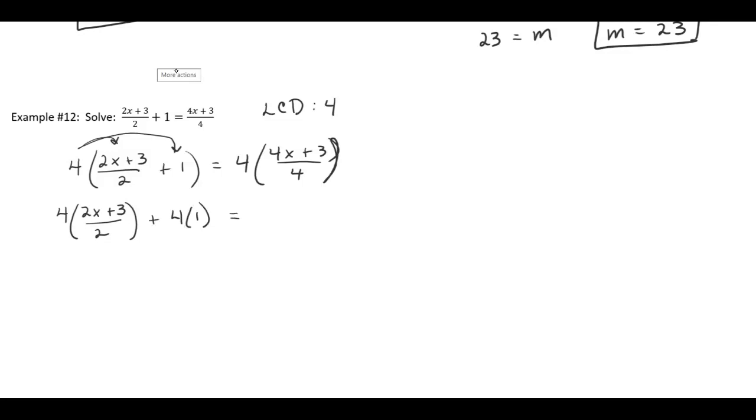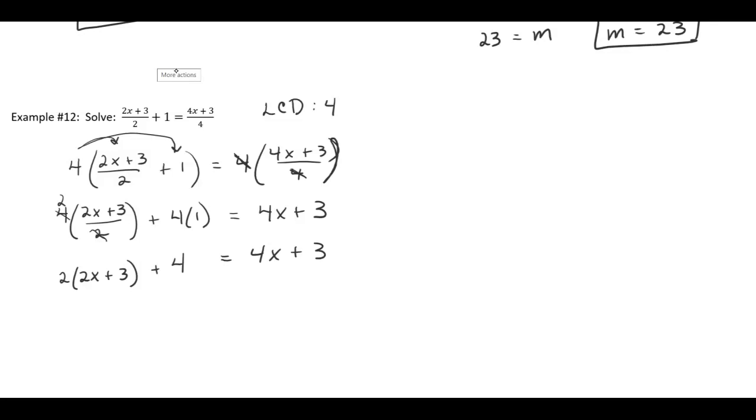And then on the right-hand side, well, there's nothing really to distribute. That's all one expression. So that 4 is going to cancel with that 4. And I just have 4x plus 3. Now, back to the left, 2 goes into 4 2 times. So I have 2 times 2x plus 3 plus, and then 4 times 1 is 4.